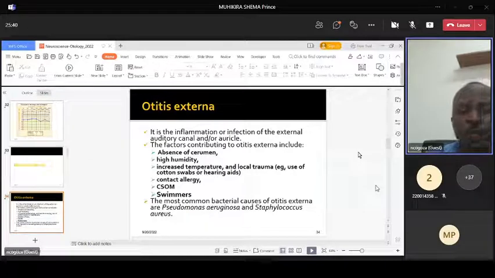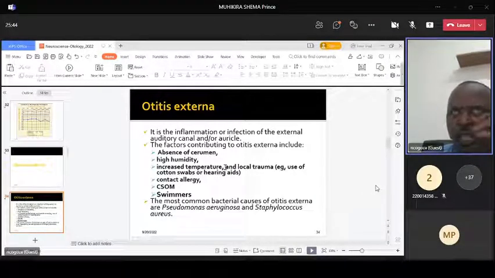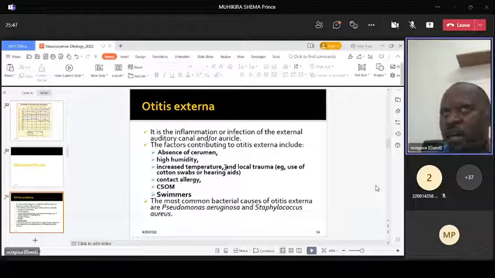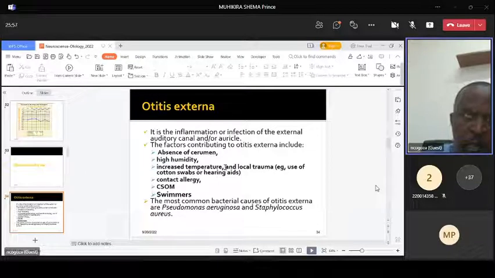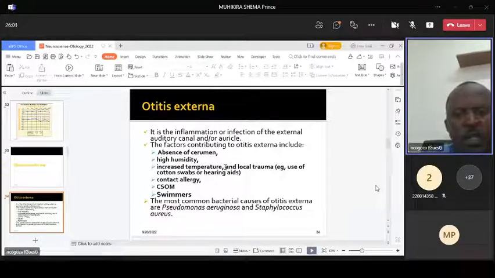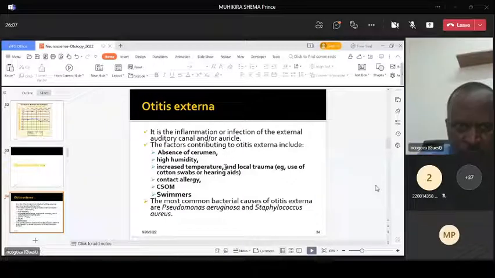Absence of cerumen makes the ear canal dry, because the cerumen should humidify the outer canal. So absence of cerumen will cause inflammation. High humidity will cause inflammation, because there is proliferation of bacteria. Increased temperature, local trauma, all of this will cause inflammation.